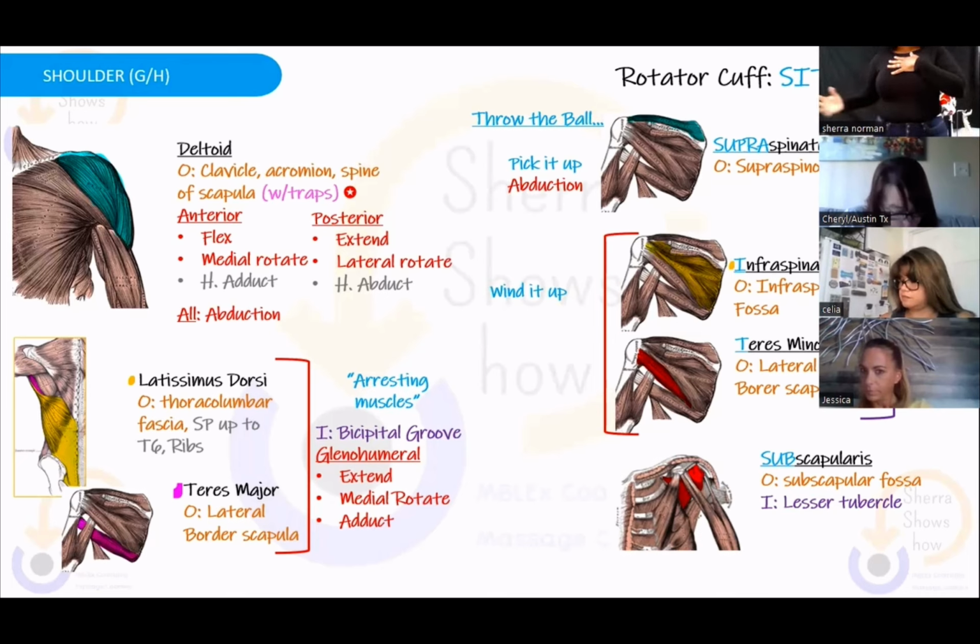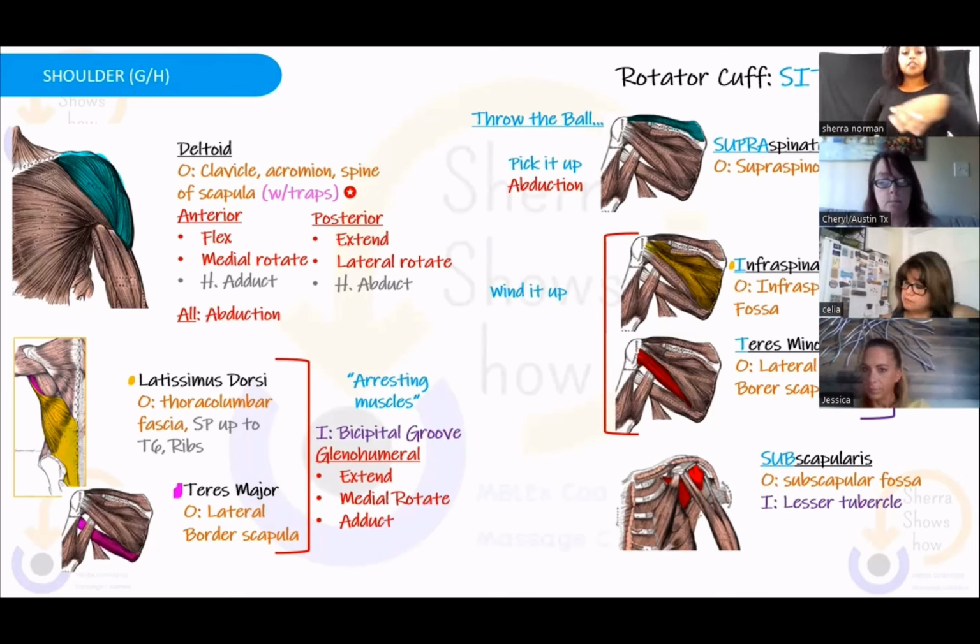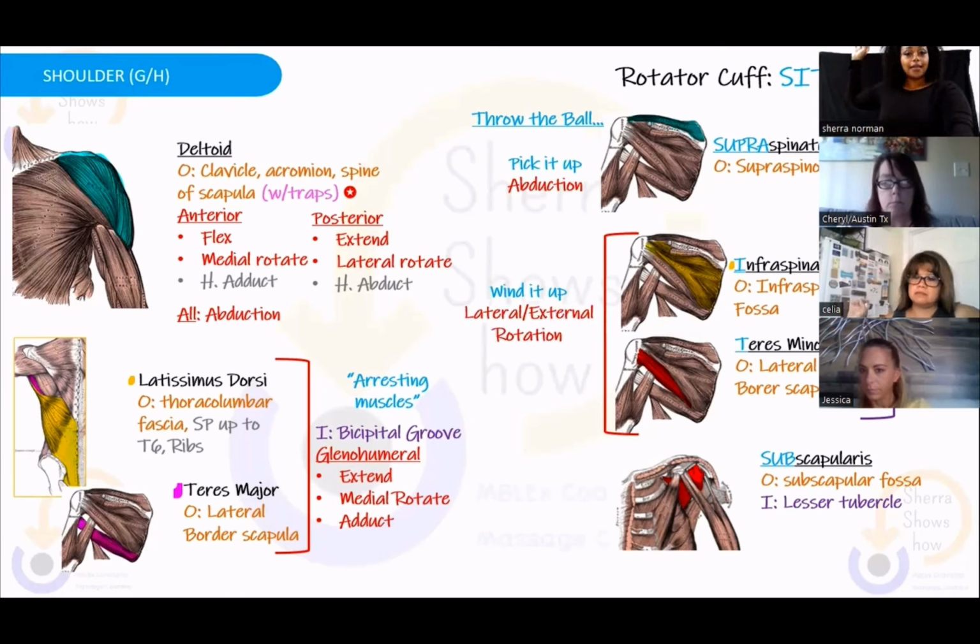So in this plane, from anatomical, it looks like this. Even as we bring our arm up, this is still external rotation. So we abduct it, we externally rotate it to wind up the ball. What's the last step? Got to throw the ball, medial rotation.